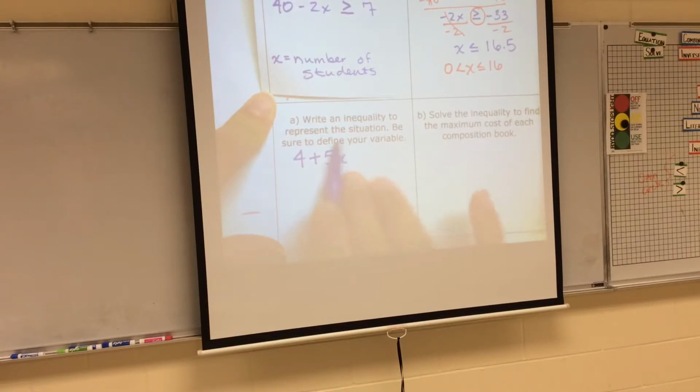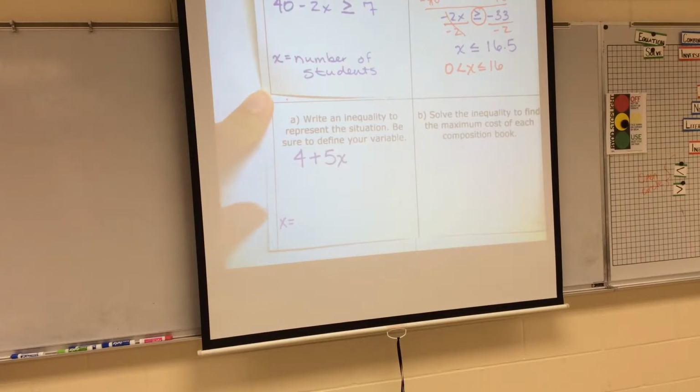So 5x, because x is what? What does x mean here? Is it the number of composition books or is it the price of a composition book? The price. X is the price of a composition book. Can I abbreviate composition book? Is that okay? Can I say comp book?